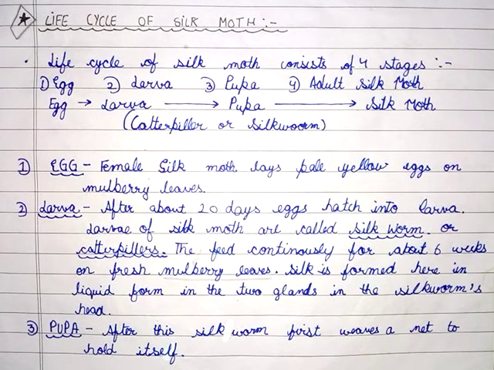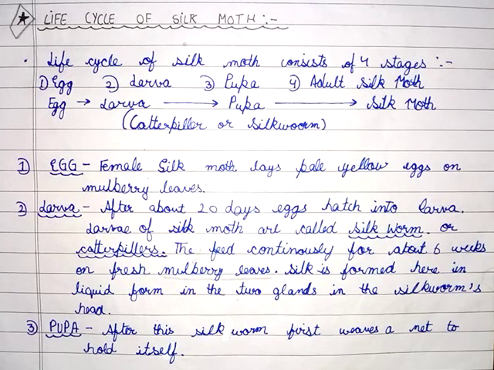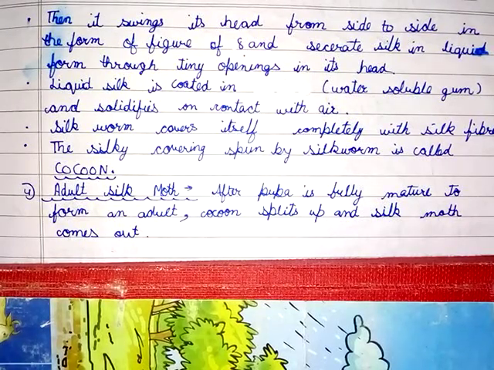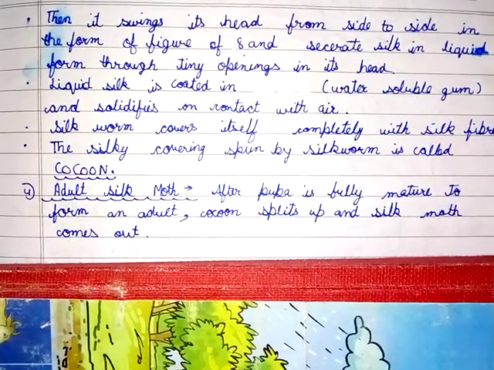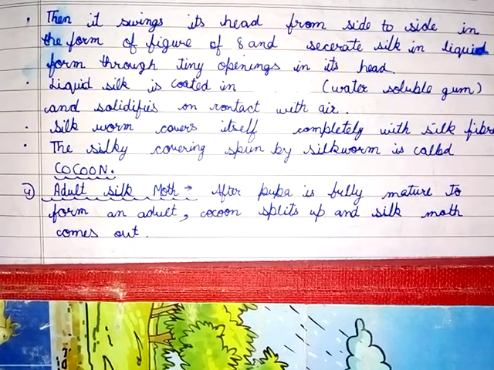Pupa. The silkworm first weaves a net to hold itself. Then it swings its head from side to side in the form of figure of 8 and secretes silk in liquid form through tiny openings in its head.